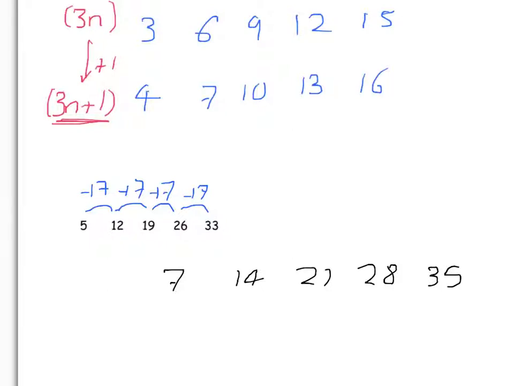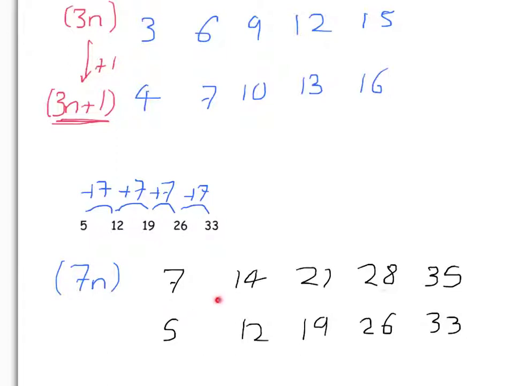And remember, we're going to call this 7n. And then what I write down is I always write down what is my sequence underneath. 5, 12, 19, 26, 33. Now how do you get from these top numbers to these bottom numbers? Well, we take away 2. So our rule for this sequence is 7n minus 2.